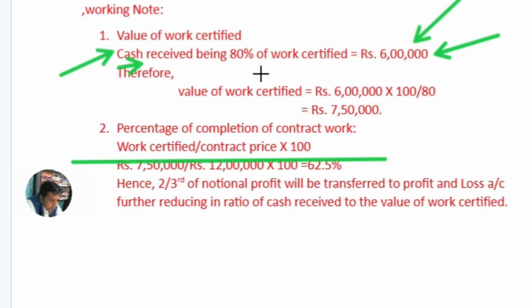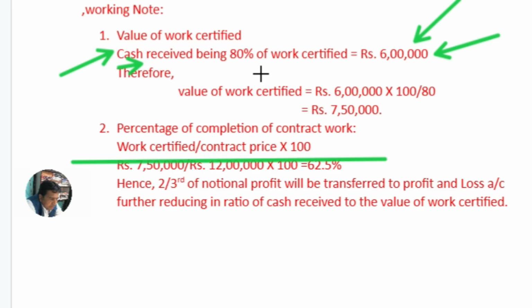It is normally 20% retention money, and this retention money the contractee will pay to the contractor after the contract work is fully completed. Now since in this year the contract work is not yet fully completed, it is partially completed, and maybe the remaining portions will be finished by next year.